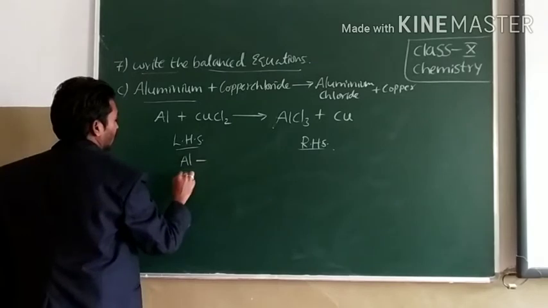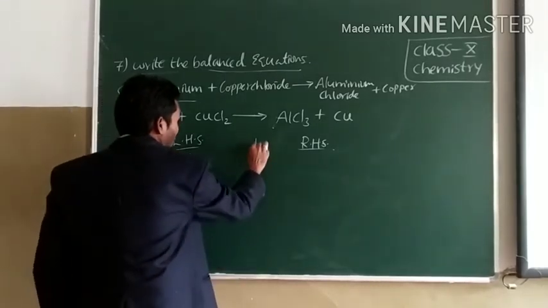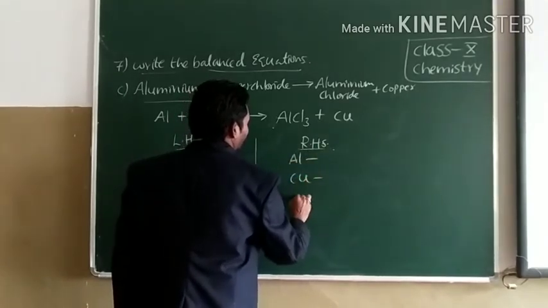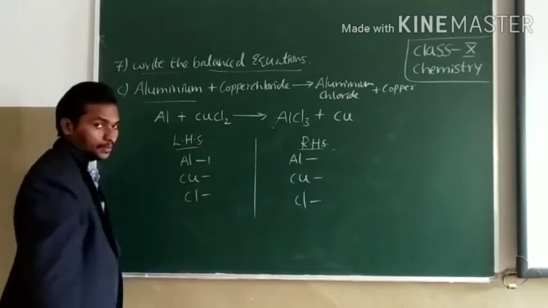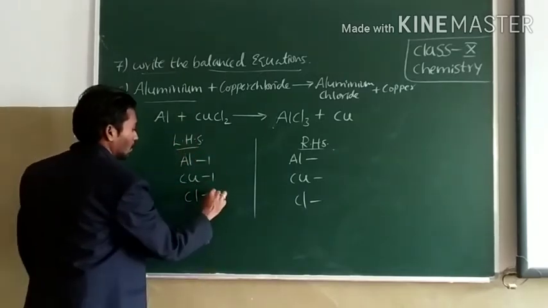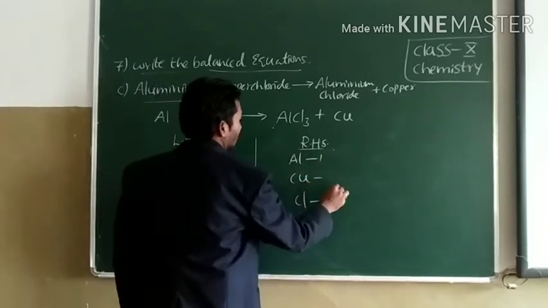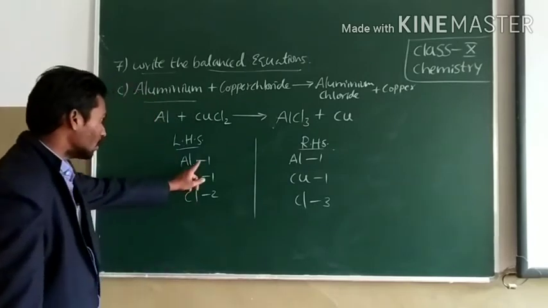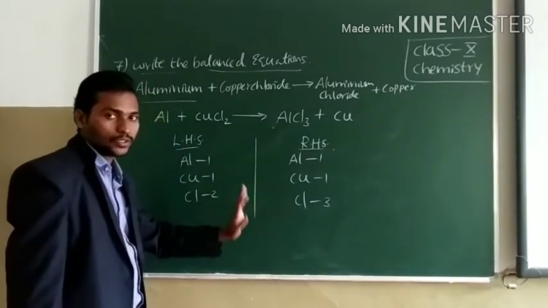Aluminium atom, copper, chlorine. On RHS side, aluminium, copper and chlorine. 1 aluminium atom on LHS side, 1 copper atom, 2 chlorine atoms. On RHS side, 1 aluminium, 1 copper and 3 chlorine atoms. It's not a balanced equation because chlorine atoms are different on both sides of the equation.